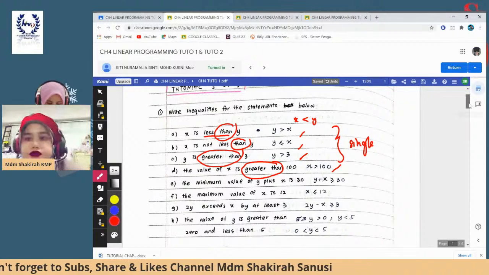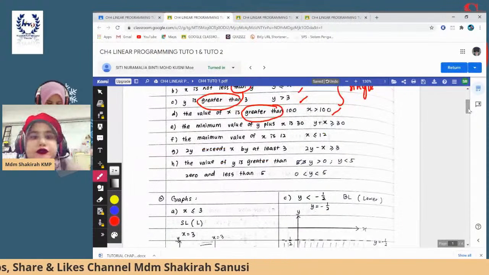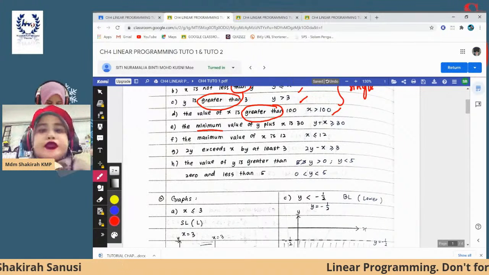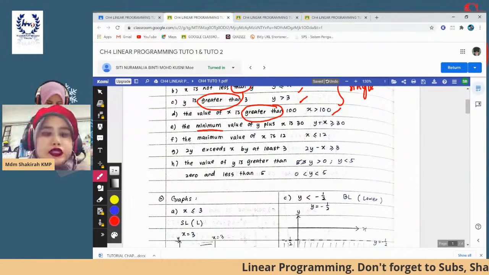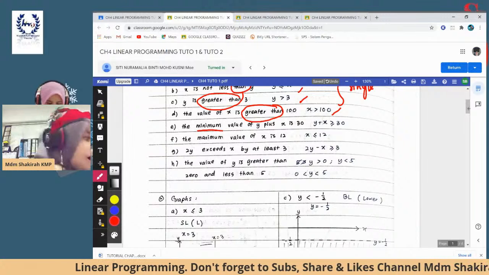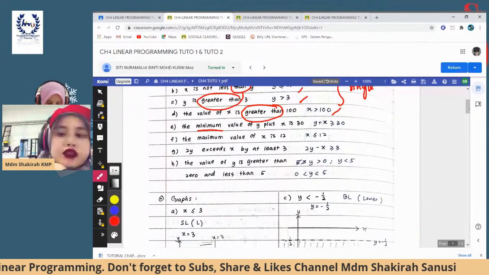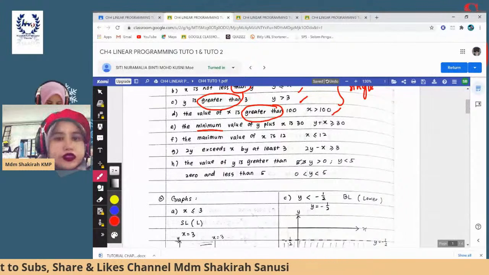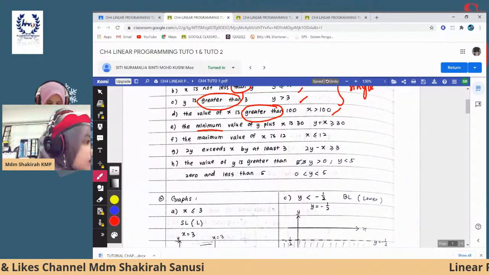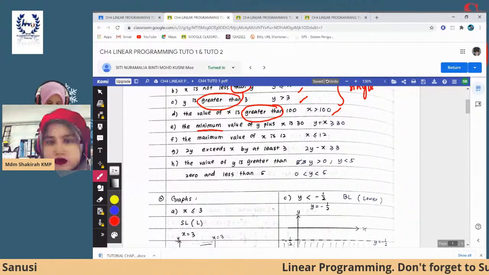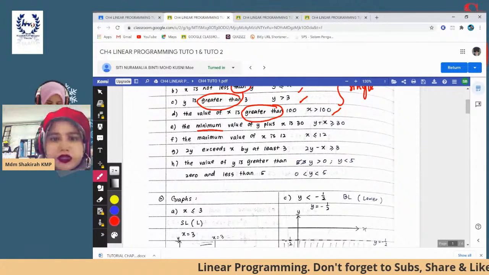Alright, very good. The minimum value of y plus x, minimum. Minimum means the smallest value. When it is the smallest value, that's why you use... Is this correct, the question your friend has?